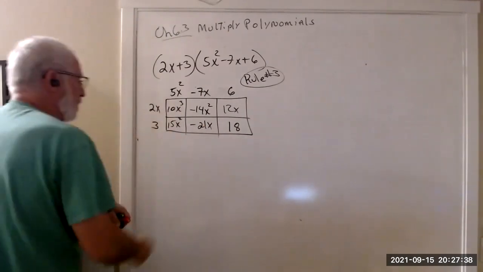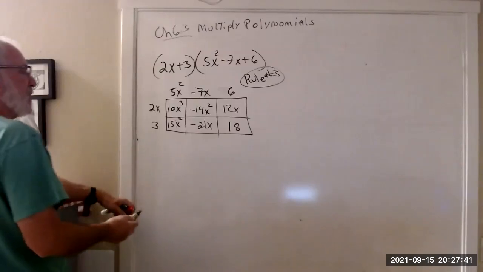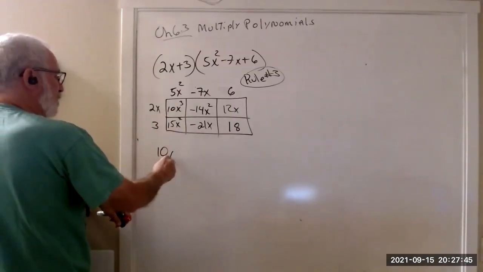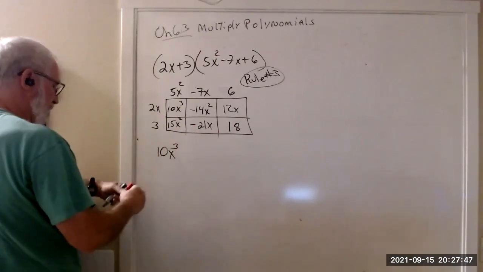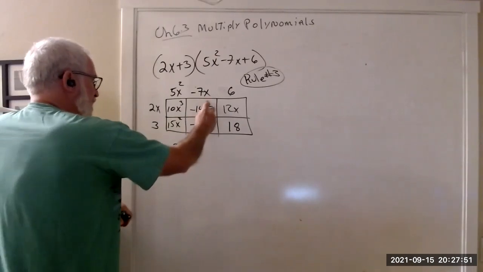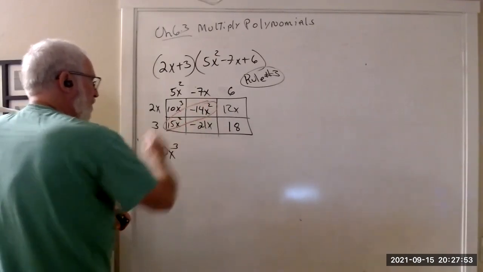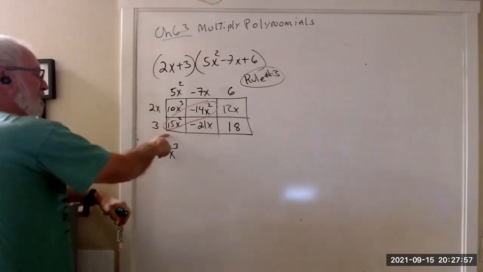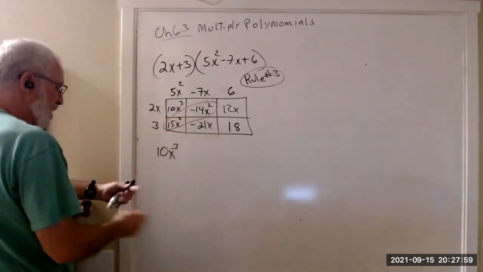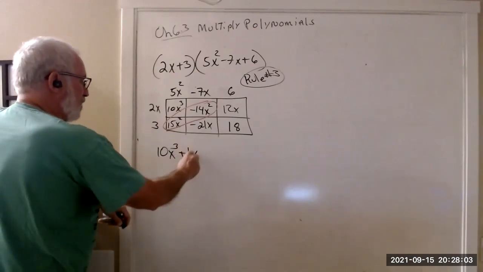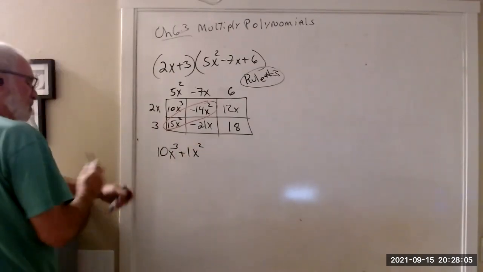So we multiply, and we now look for like terms. We're not done. So the highest power is 10x to the third. Okay. The next highest power is x to the second. So I look here, and I have positive 15 minus 14. So that makes plus 1 of the x to the seconds.